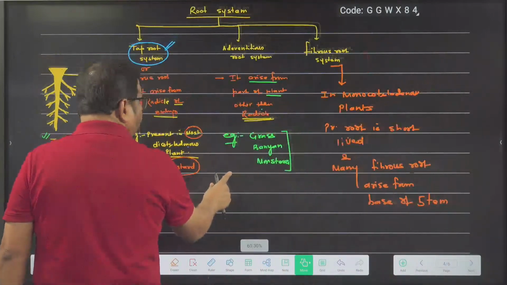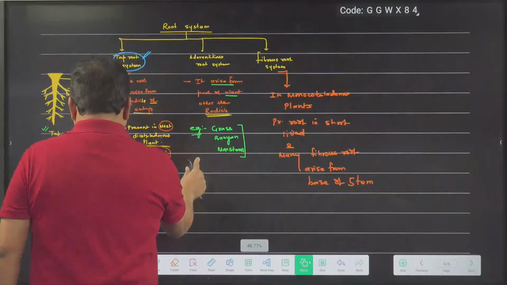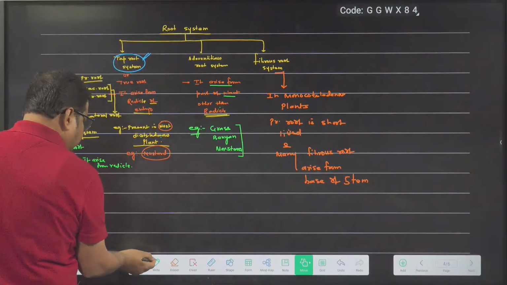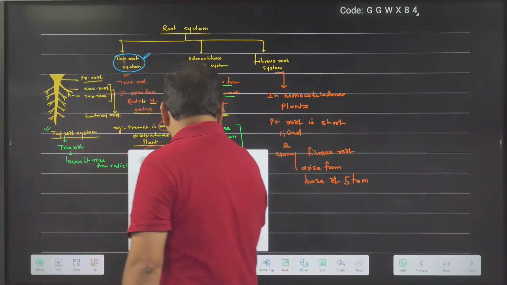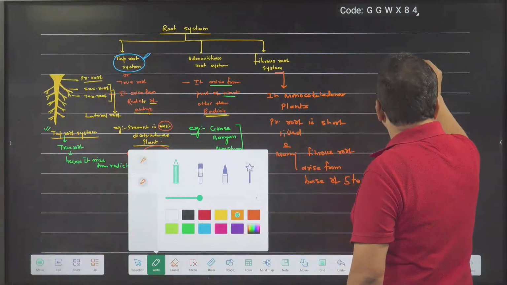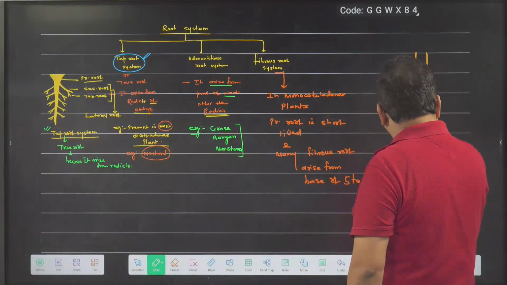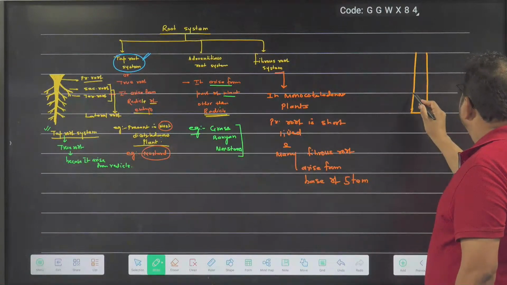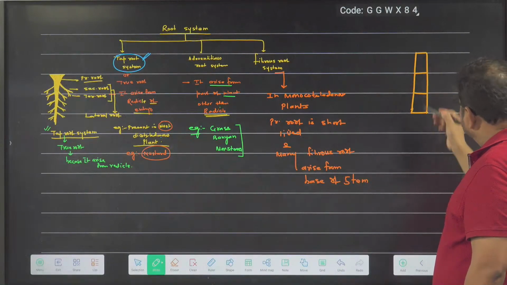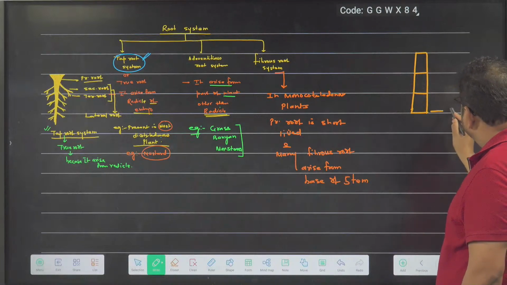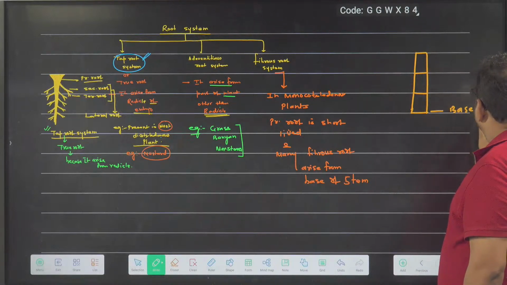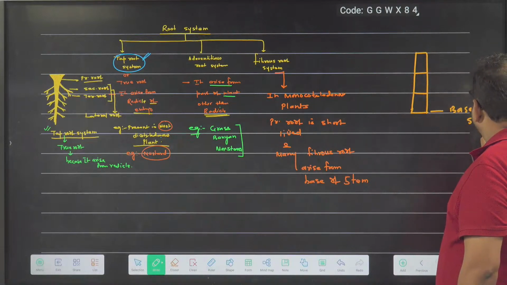Base of a stem means they want to say that in monocot plants the story is like this. Suppose that it is the stem, this is the base of the stem, this is a node, these are internodes. So what happened in monocot plants?